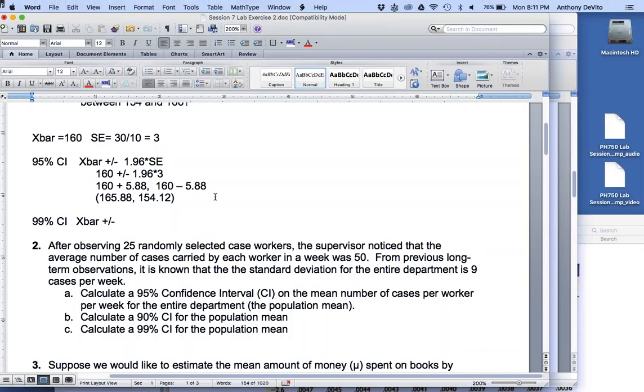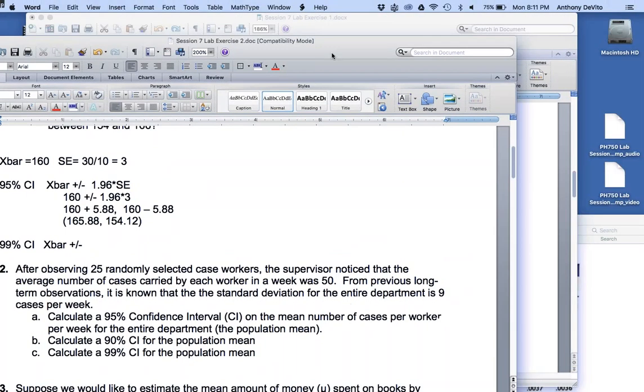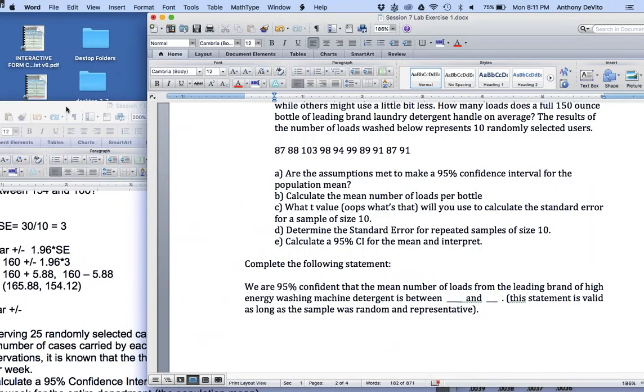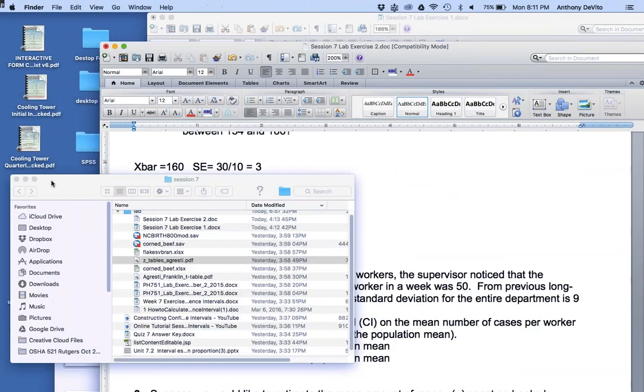Let's think about this. 99% confident means that we have only 1% chance of error. And since we have two tails, we could be too low or too high, we only have half of a percent, or 0.005, in either tail. Let's take a look at our Z table again and see what would satisfy that.